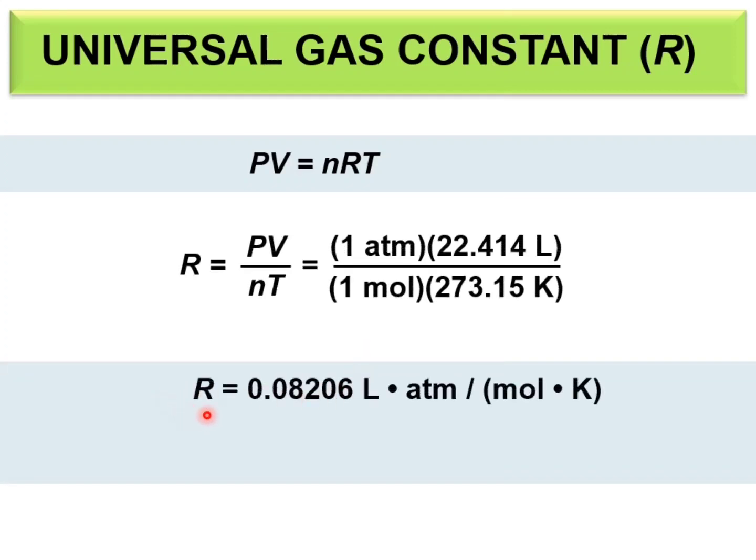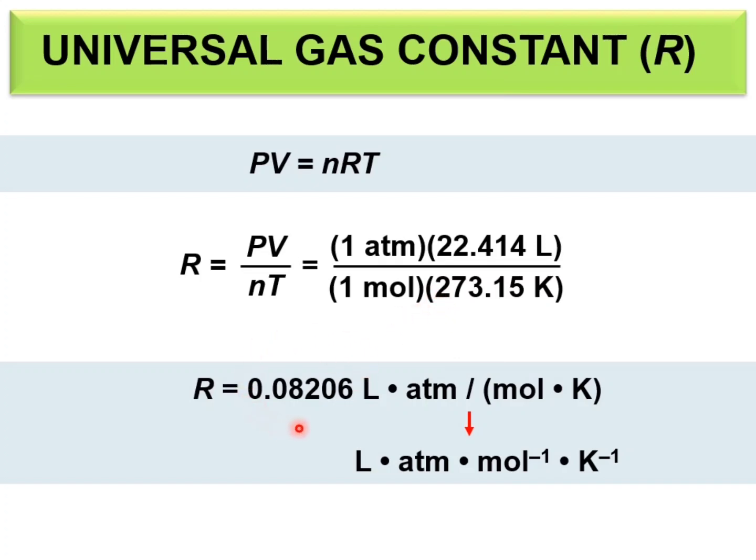Okay, so if you look at the value of R here, 0.08206 liter atm per mole per Kelvin. So if we simplify this unit, it should be like this, per mole per Kelvin. Okay, so kalau you lihat formula ni, kan dia dapat daripada standard pressure and standard volume and temperature.